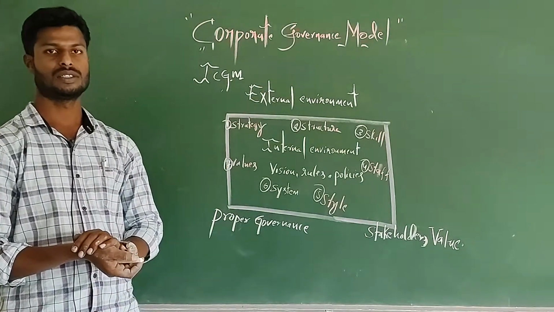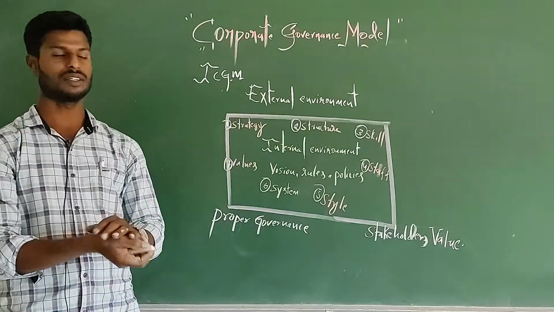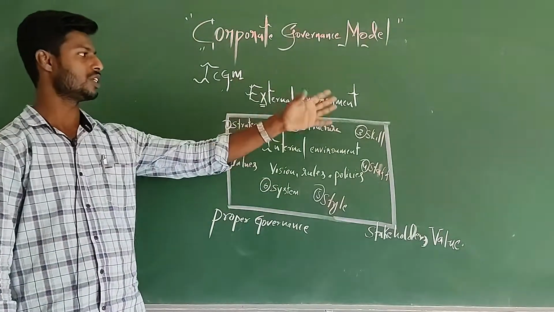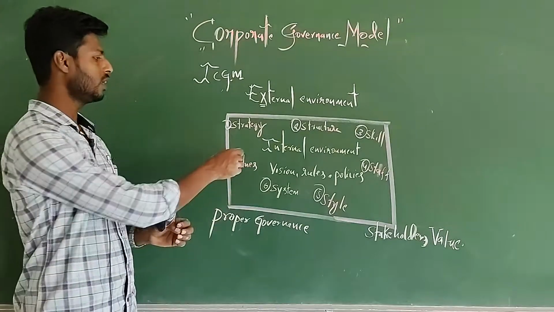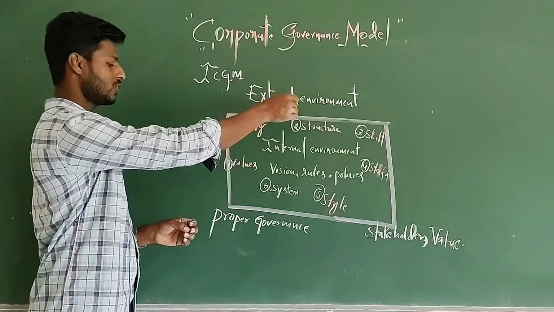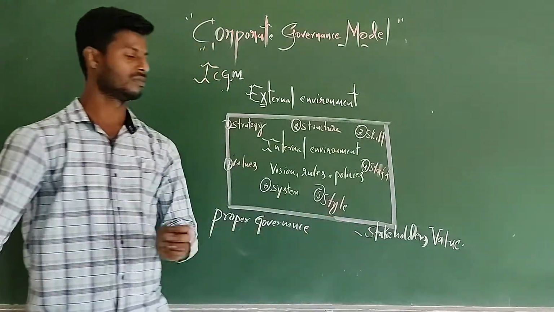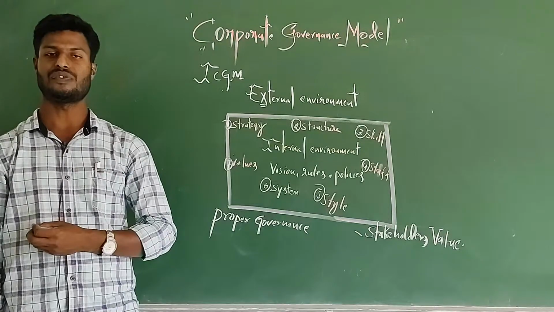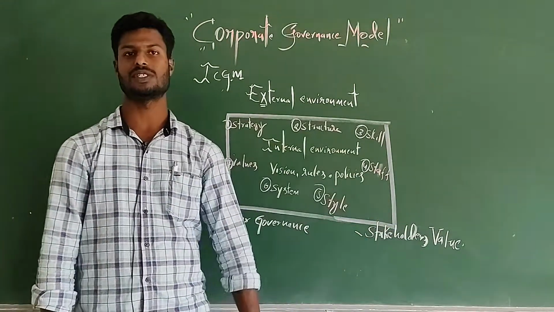I mean, the designing of internal environmental factors as per the changes of external environmental factors. Finally, the internal change as per the external change through proper governance in order to reach stakeholders' value, in order to fulfill the needs and expectations of various stakeholders of the business.